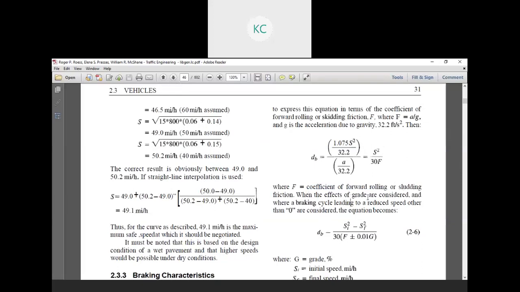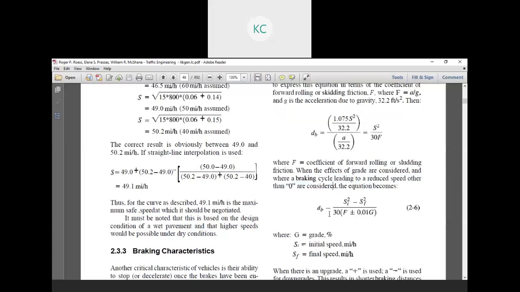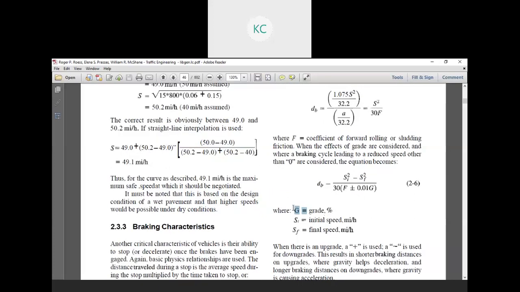When the effect of the grades is considered and the braking cycle leads to a reduced speed other than zero, the equation is dv is equal to si square minus sf square upon 30 into f plus or minus 0.01 g, where g is the grade.